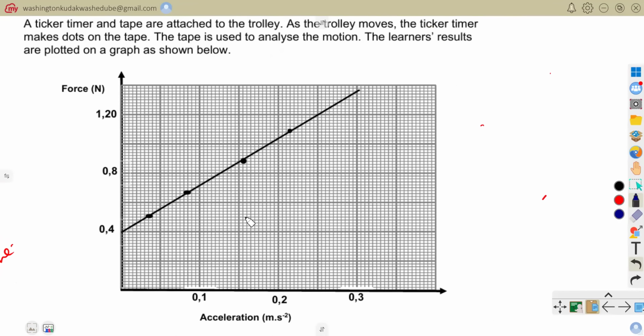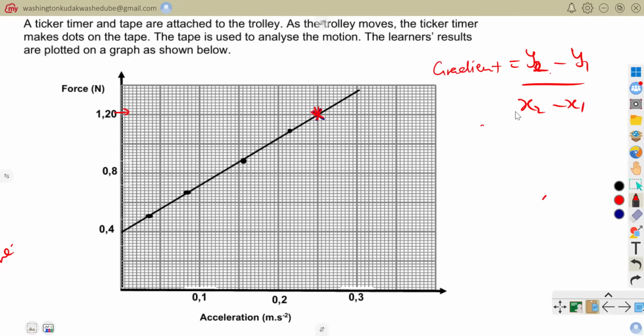So the 2 points that I'm going to pick, I can choose to pick this one, because I have the y value. The gradient is given by y2 minus y1 over x2 minus x1.